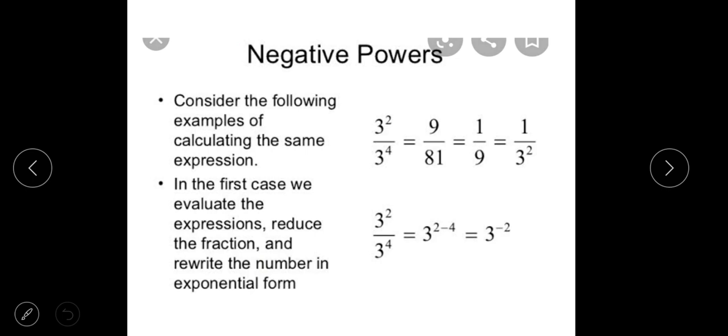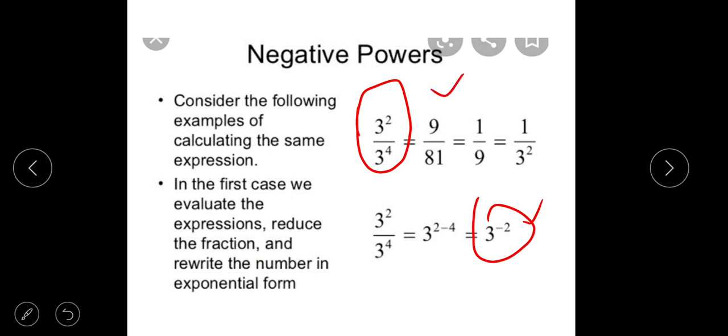Okay, look at this, 3 raised to minus 2. Here the exponent is minus 2, a negative number. When it comes, look at the examples given. Consider the following examples of calculating the same expression. Division of two powers with the same base, right? 3 square divided by 3 raised to 4.